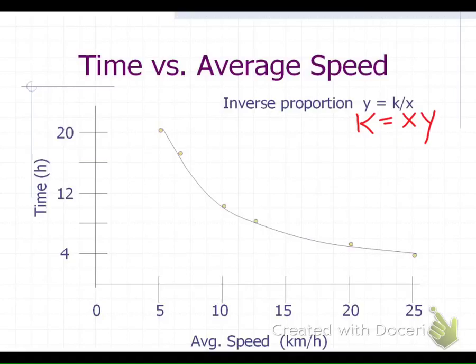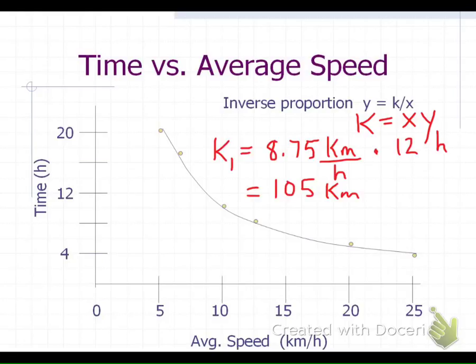So for our first point, if I want to find k, I would take the 8.75 kilometers per hour. Important to remember that the x and y coordinates have units, times 12 hours. Doing our math, I get 105. Hours would cancel. Kilometers would be the unit.